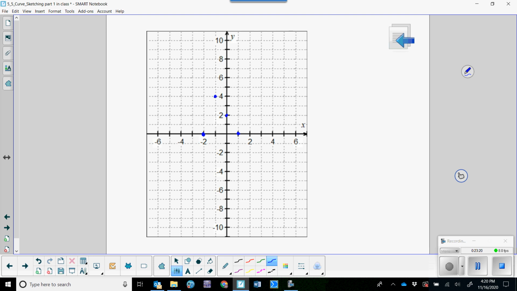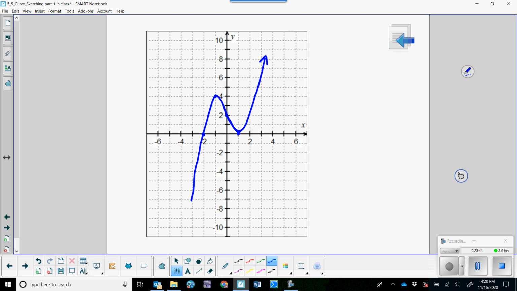So that means it's increasing here and concave down. And then it switches to decreasing, but it's still concave down until I get all the way, or just right there, to 2. And then it changes to concave up from 0 to infinity, decreasing until we get to 1, and then increasing past that.